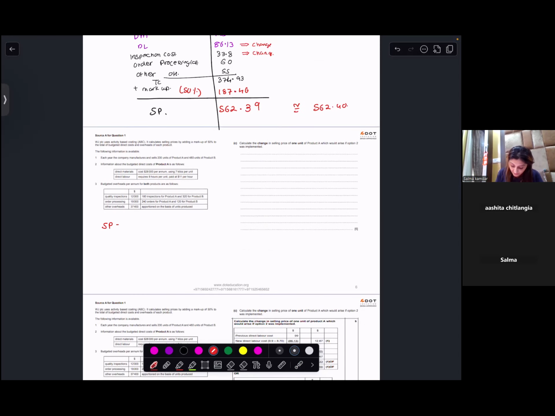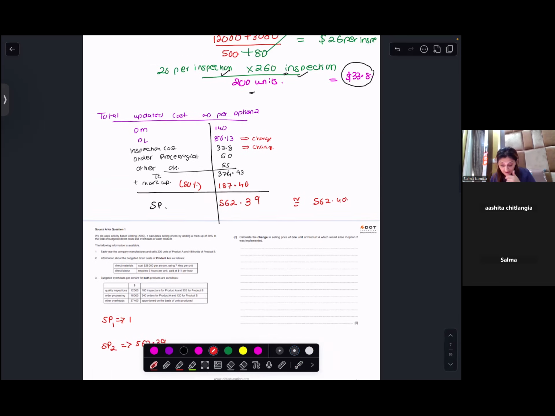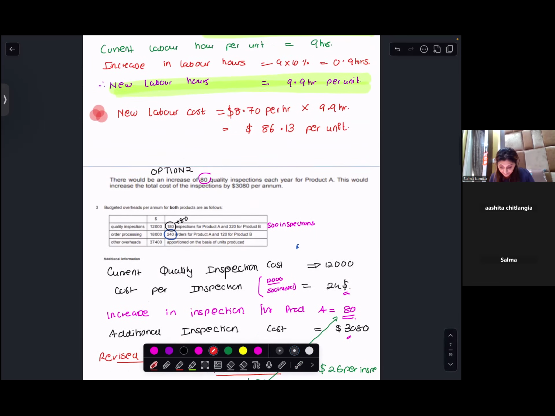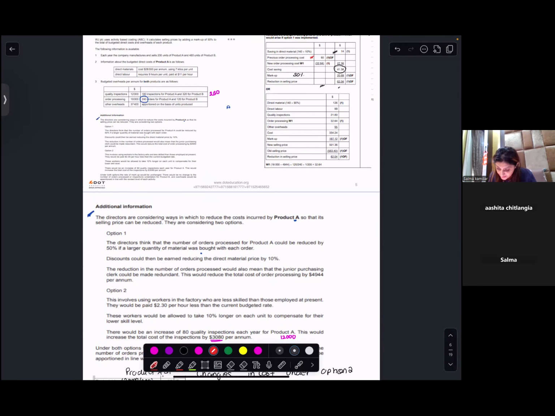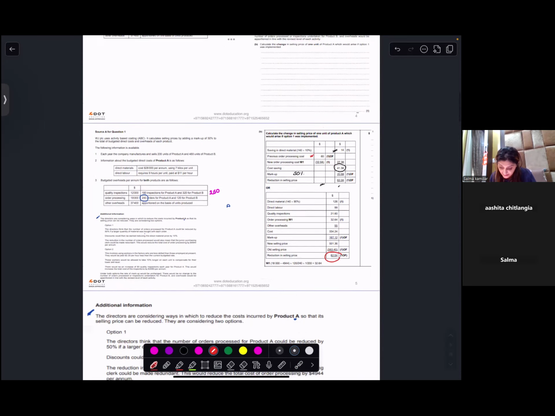Selling price as per option 1 is how much? There's a reduction in selling price of 62.04.